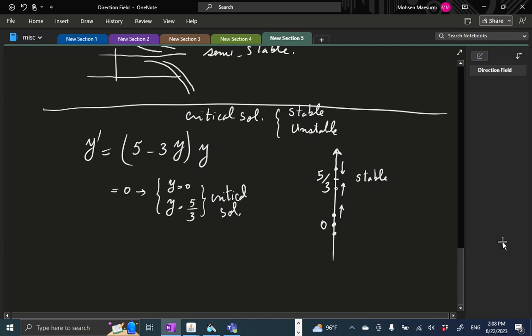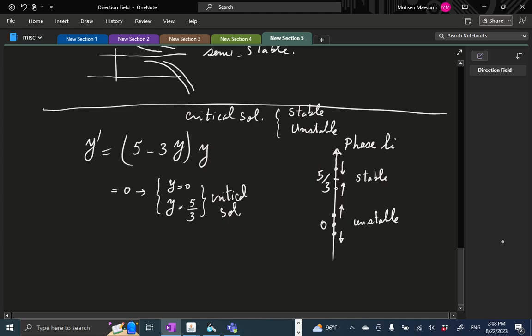This is positive, this is negative, y prime becomes negative, and now I am moving away from 0. So for that reason, it's going to be called unstable. This is an unstable point. The line itself, this line that we draw with this game that we're playing, is called the phase line.